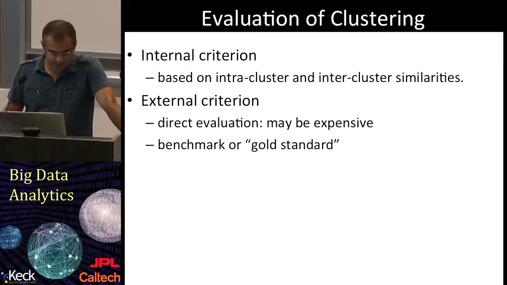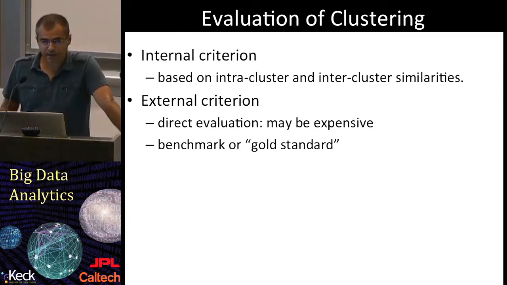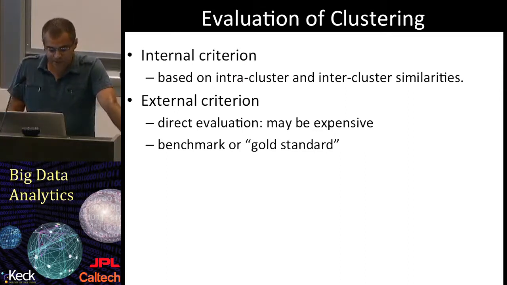Direct evaluation means that experts or users can manually check the clusters and apply them in the domain of interest. This is, of course, the most direct evaluation, but it can also be very time-consuming or unfeasible when we deal with huge amounts of data. So it's unfeasible to look one by one. Now, an alternative is to use a labeled subset created by experts where the classes are known and compute some measures on those.